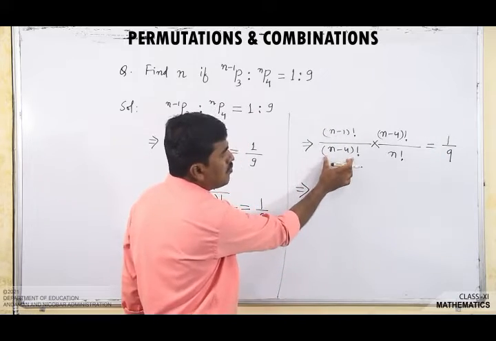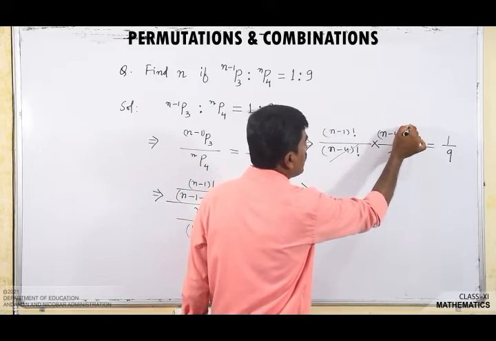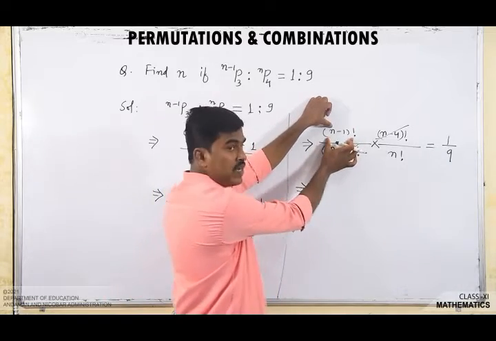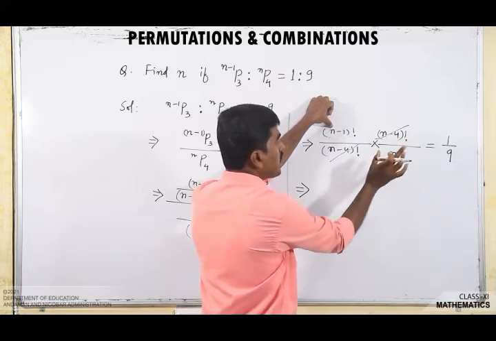So here this (n minus 4) whole factorial will be cancelled out. Now this is (n minus 1) whole factorial and it is n factorial.